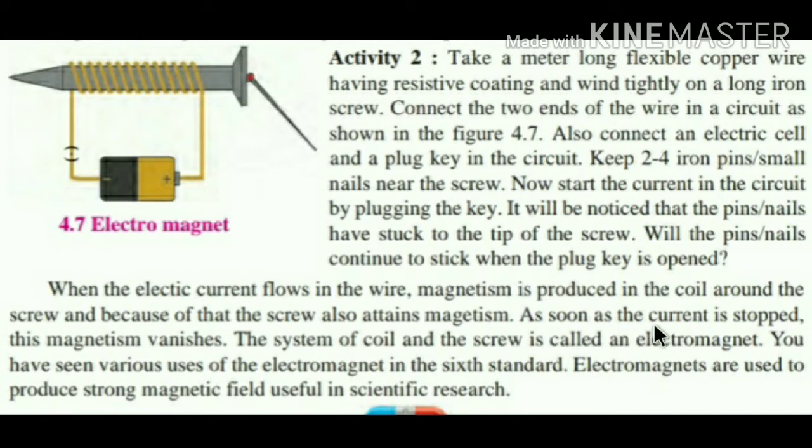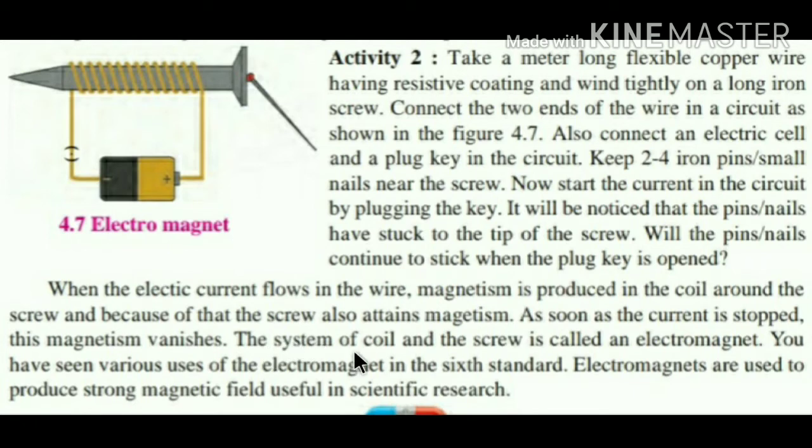As soon as the current is stopped, the magnetism vanishes. When we open this plug key, current does not flow through the wire, the wire has no magnetism, the screw also has no magnetism, and the magnetism vanishes.